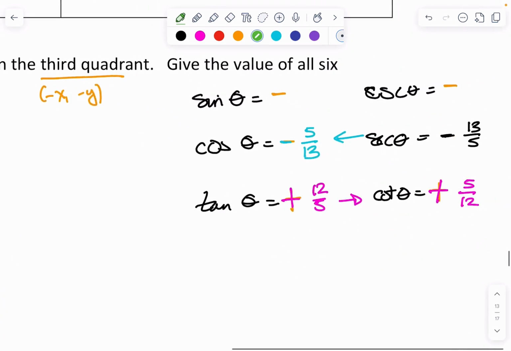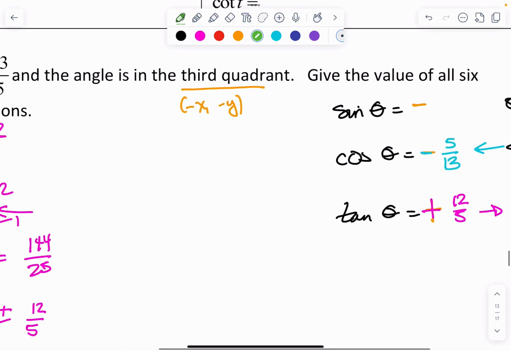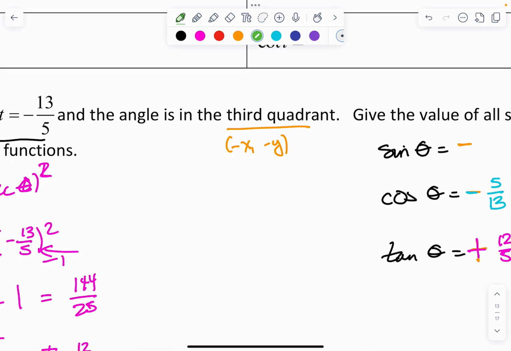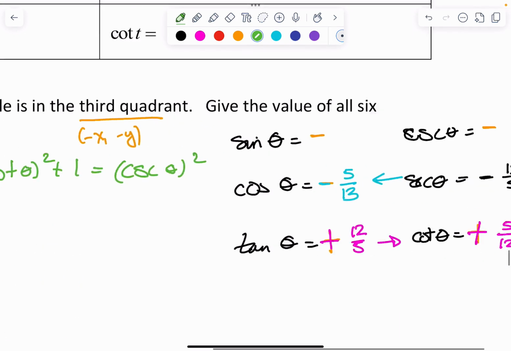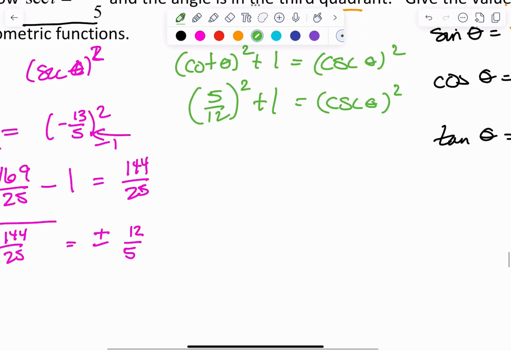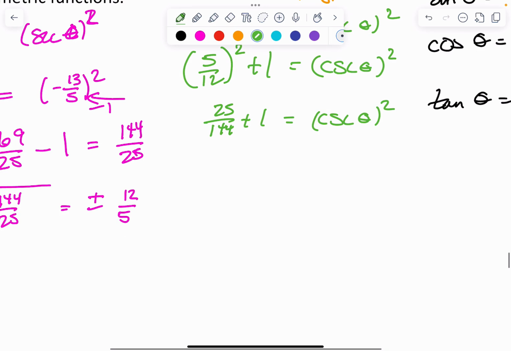I'm going to use my other Pythagorean identity just because I like using them because I now know them. And this one's a fun one because I know cotangent. So this one says cotangent of theta squared plus 1 is equal to cosecant of theta squared. Well, what is cotangent? It's 5 over 12. So I use my calculator. That's 25 over 144 plus 1, 169 over 144.